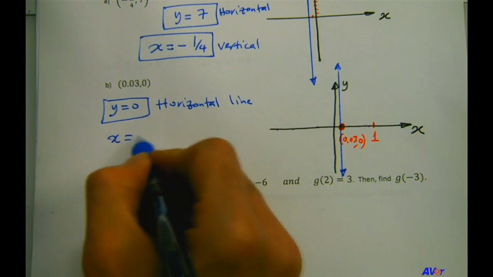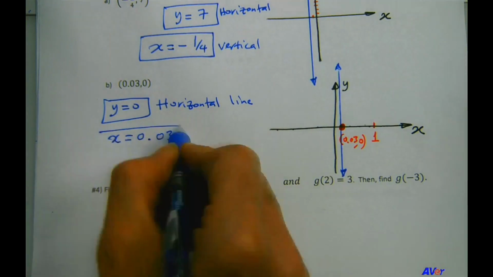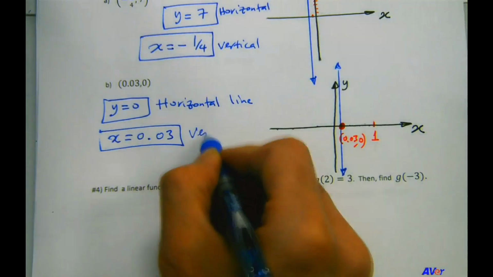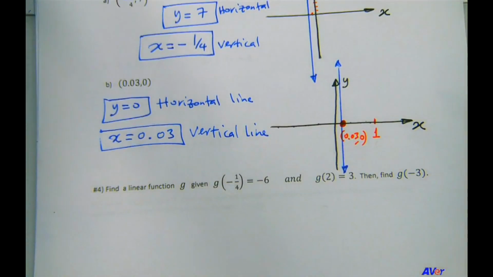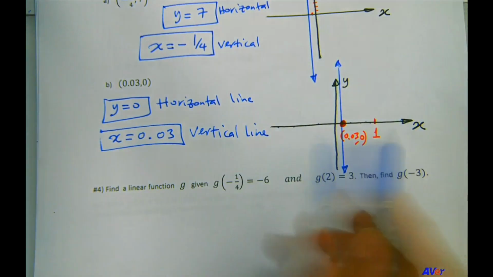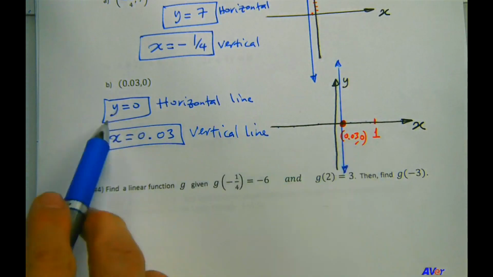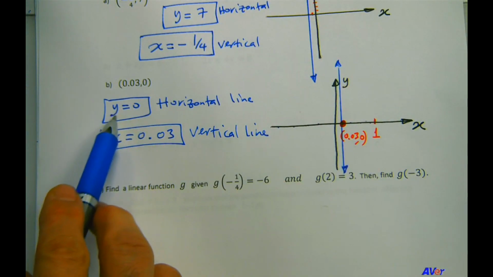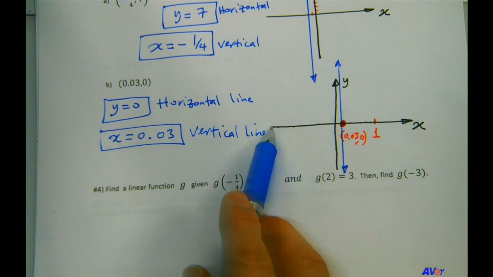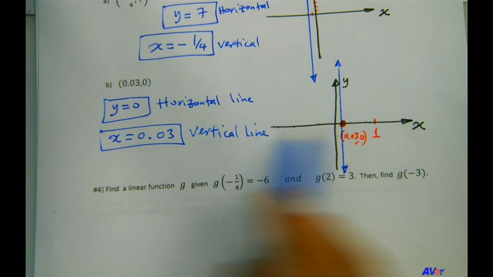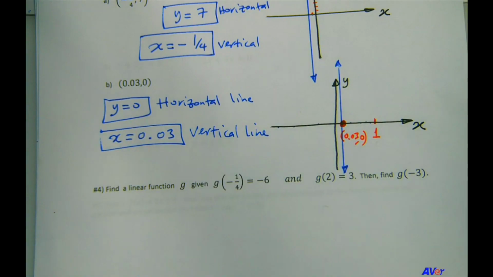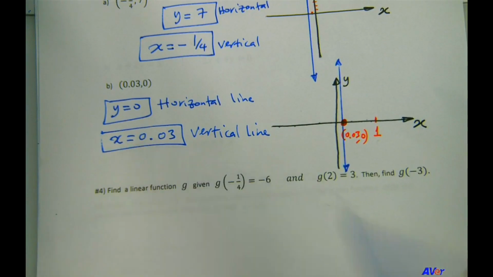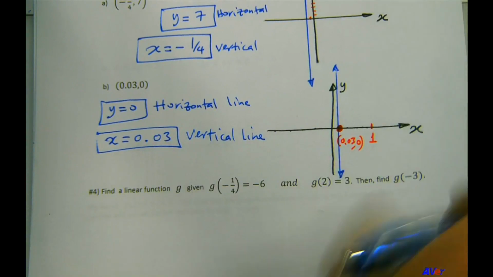So x equals 0.03 is the equation of the vertical line. Okay? The horizontal line was just the x-axis, and the x-axis has that equation, y equals 0, right? If you're on the x-axis, the y value for all those points for the entire axis is equal to 0. Okay? And then that's the equation of the vertical line.